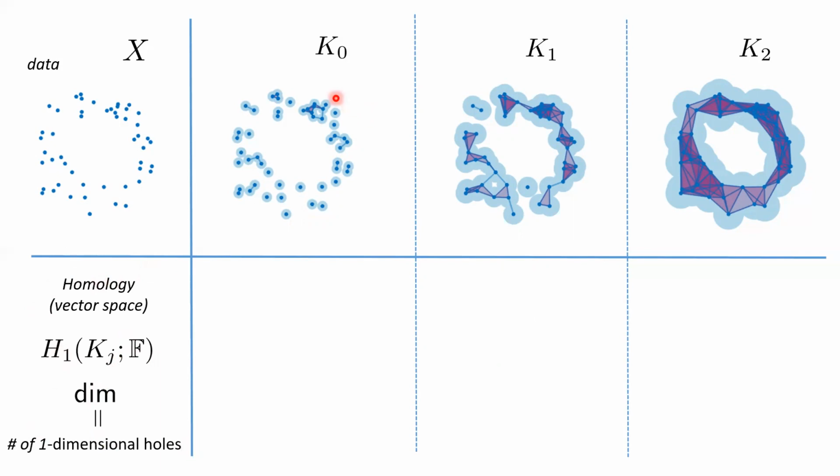So for example, here we have this little hole in dimension 1 right here. So our homology would have dimension 1. One copy of the field corresponds to one hole. Similarly here, we have also one copy of the field because we have another one-dimensional hole right here. And then finally here, we have also one copy of the field because we have this one-dimensional hole.